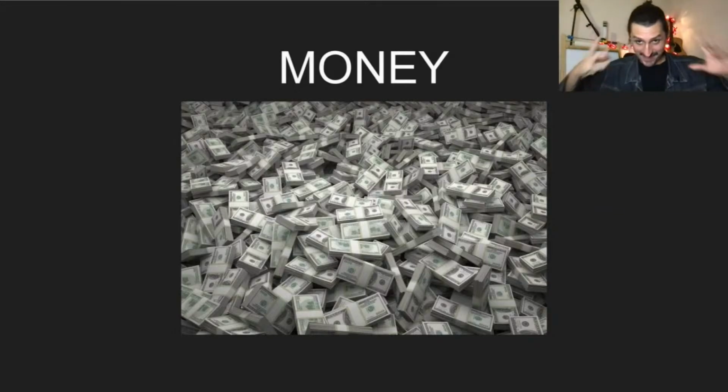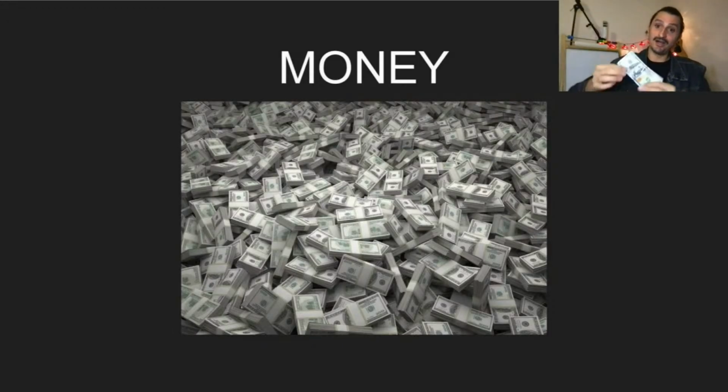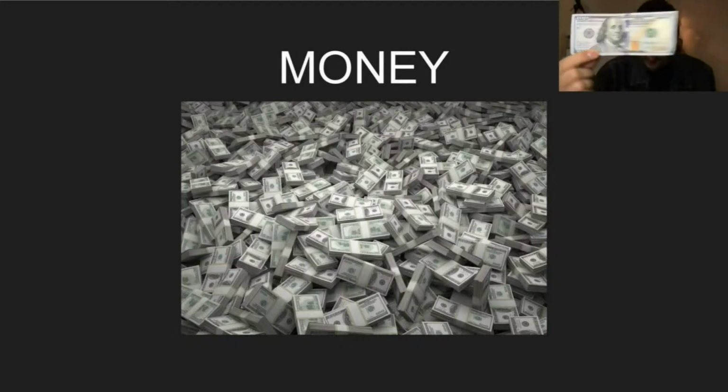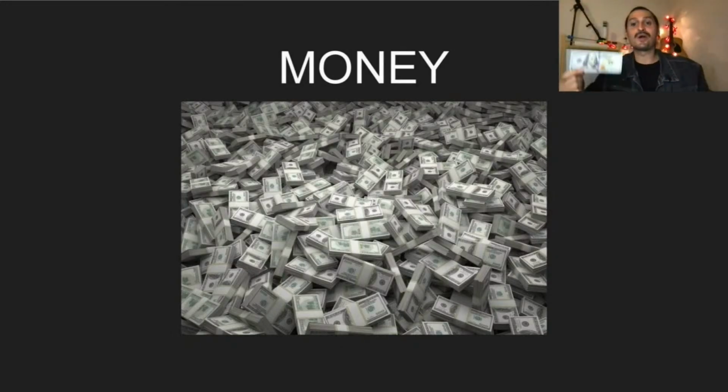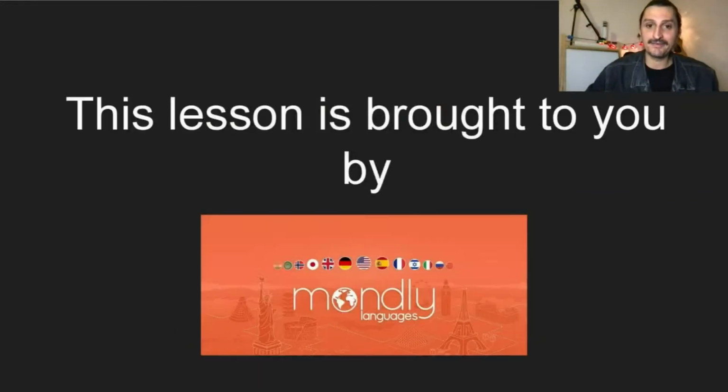All right. So just imagine that every time you get the right answer, I will give you $100. Okay, imagine that every time you answer a question, I'll give you $100. So here we have money. In these expressions related to money, we're going to talk about prepositions. And what is a preposition?